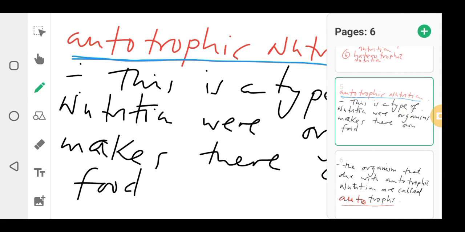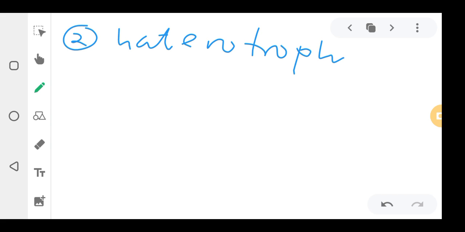So now we're going to the second type of nutrition, and we are defining heterotrophic nutrition. What is it? This is a type of nutrition where organisms take food present in other organisms.